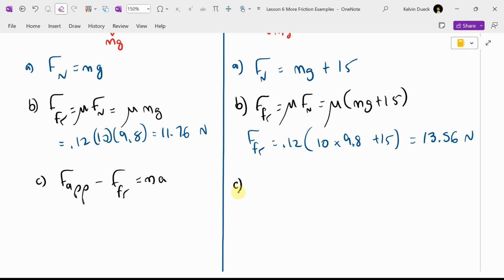In the second situation, who's probably winning? I think F applied. Who's probably losing? Mr. Dueck, I have the same equation for both. Does that mean I'll get the same answer for both? No. Different parameters. Friction's going to be different. How will we know we've guessed wrong if we solve for A and A ends up being what? Remember? Negative. So we can find that out.